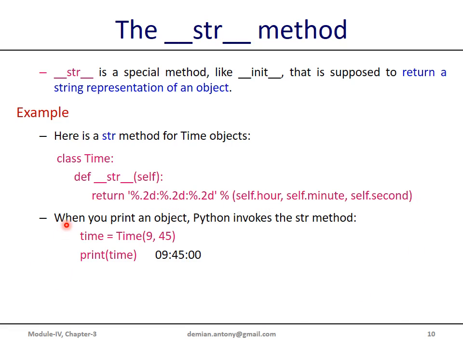And when you print the object, you can invoke this str method like this, print time. So this becomes a self object, explicit object, and we get the result 9:45:00.